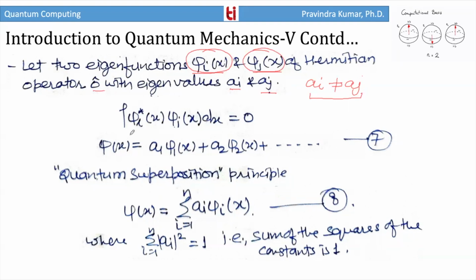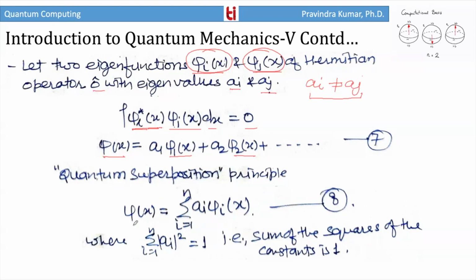So in that case, the integral of the conjugate of psi i(x) into psi j(x) dx is equal to 0. If psi(x) is a linear combination of psi 1(x), psi 2(x), I can write psi(x) equal to a1 psi 1(x) plus a2 psi 2(x) and so on. This property is generalized as the quantum superposition principle.